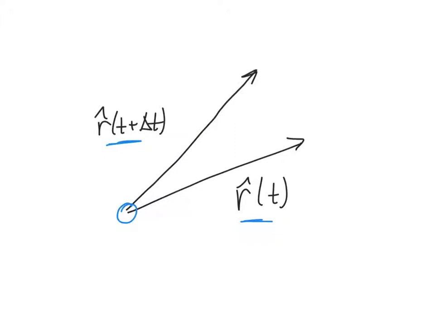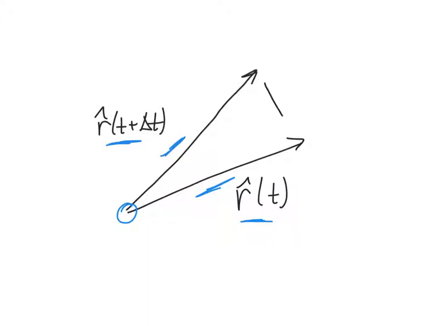And what we have here is a triangle where each of the legs of the triangle has a unit length. So remember that these vectors are by definition unit vectors. They have length equal to 1. The length is equal for each of these vectors. And the difference between these two vectors is the change in the vectors.